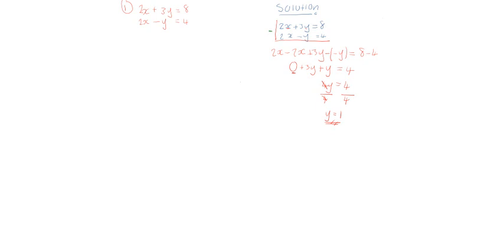Okay, so now, since we have found the value of y to be 1, how can we find the value of x? Okay, so at this stage, we have two equations. We have the first equation here, and we have the second equation down here. So for you to find the value of x, since you know the value of y, just get any equation that you want here, either 1 or 2.